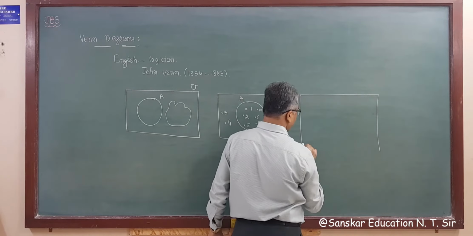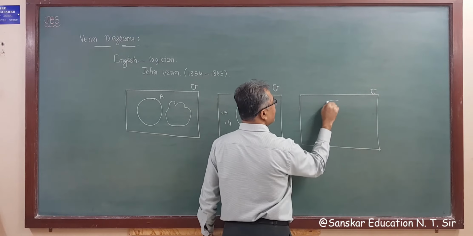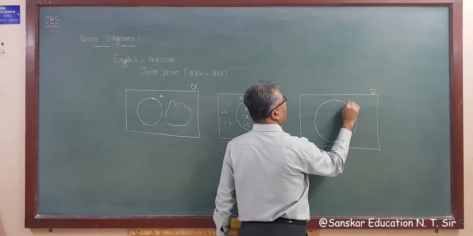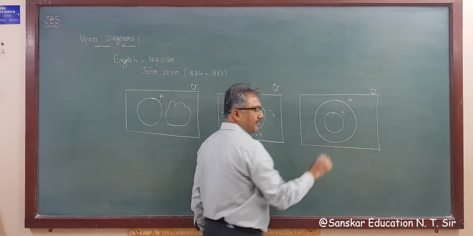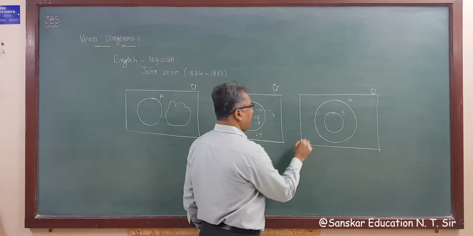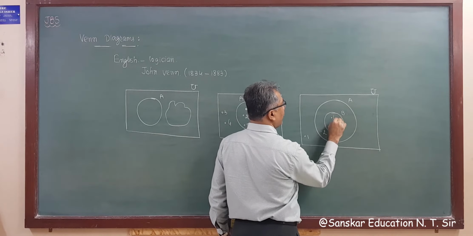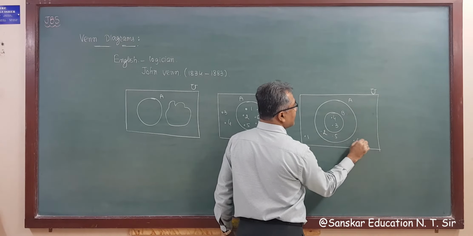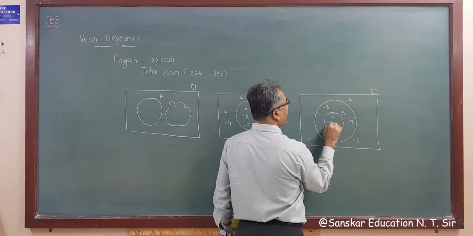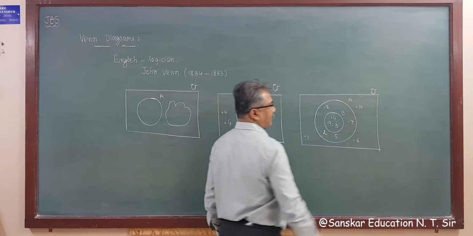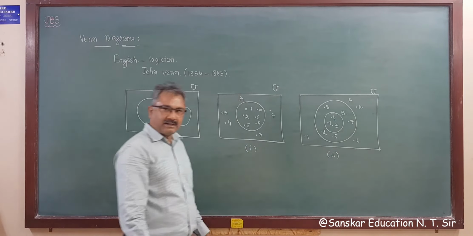This is your universal set U. This is set A, and another set B. I am writing here 1, 2, 3, 4, 5, 6, 7, 8, 9 and 10. So this is your figure number 2, right?